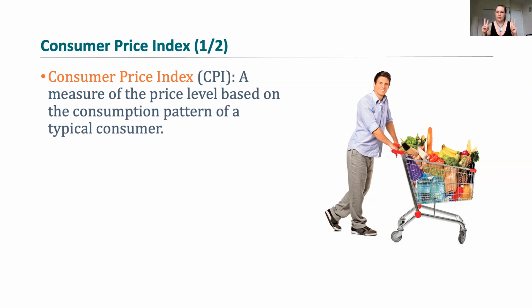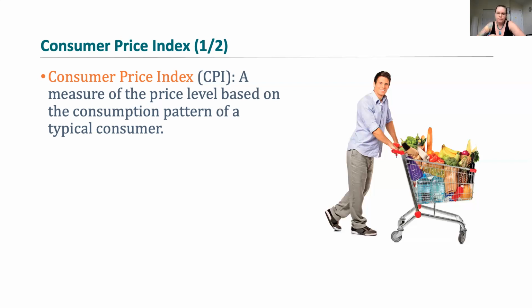It uses a typical consumer, so we're really looking at what the average American buys. Obviously, not all people buy the same goods, especially college students or senior citizens or new parents of young babies. They're probably buying different goods. But what we can do here is apply a weight on certain prices, meaning that some price changes are going to affect consumers more than others.